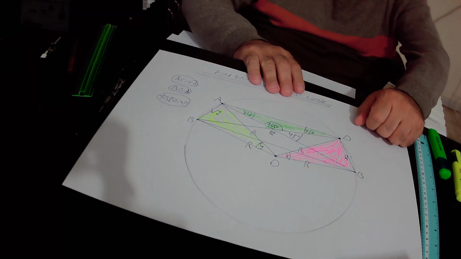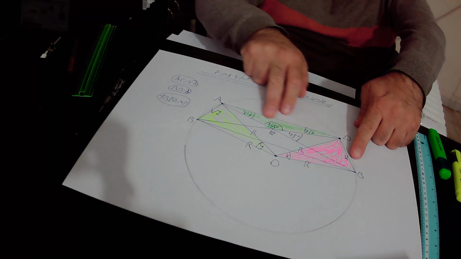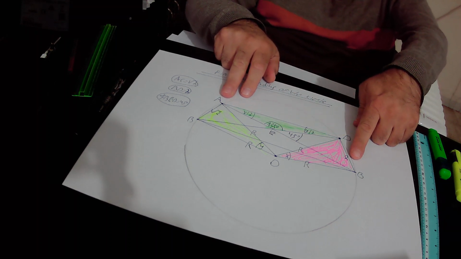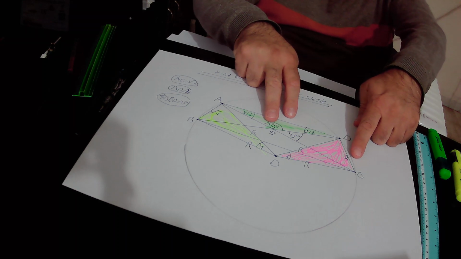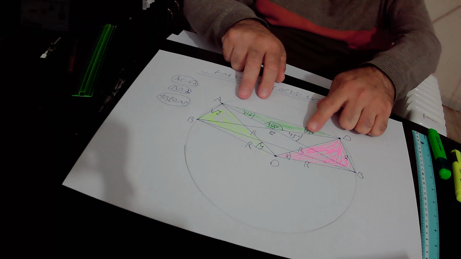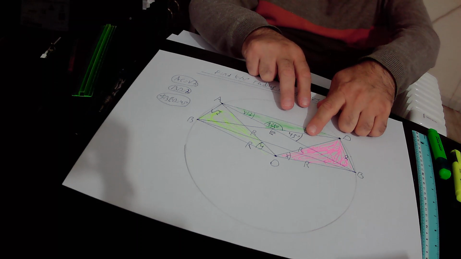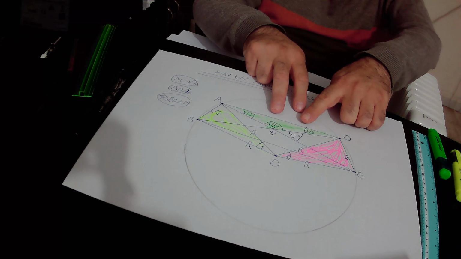Then we focus on the straight line AB at point E. We have this angle on the upper side of the straight line AB at point E, equal to 45 degrees. We have the missing angle.